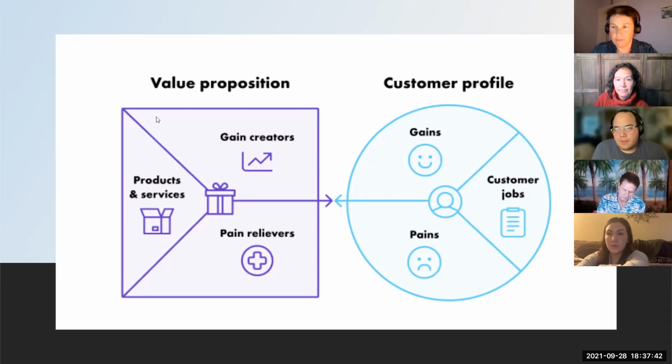You can't just build a business out of the blue without having that initial thought, but going forward, a UI, UX developer would help you achieve what we're seeing right now, matching the pain relievers with the pains and the gain creators with the gains. In execution. And the execution.